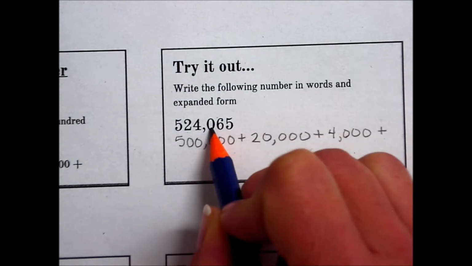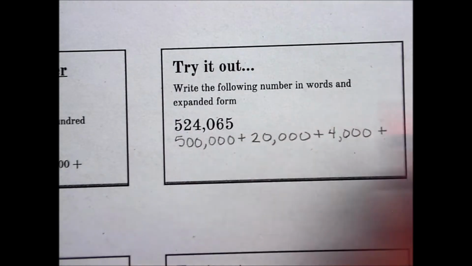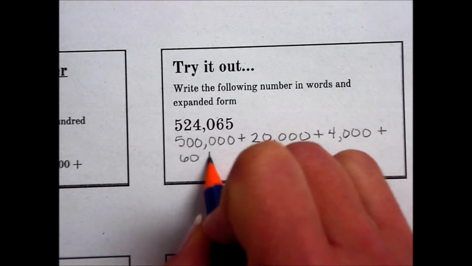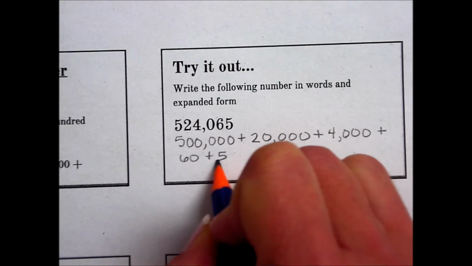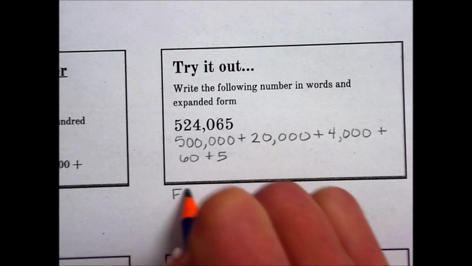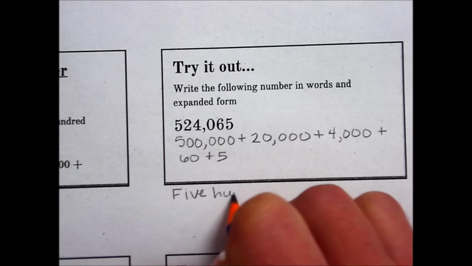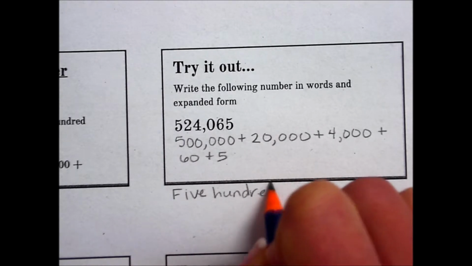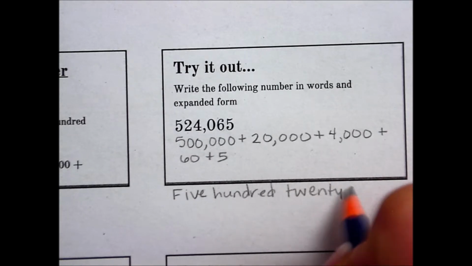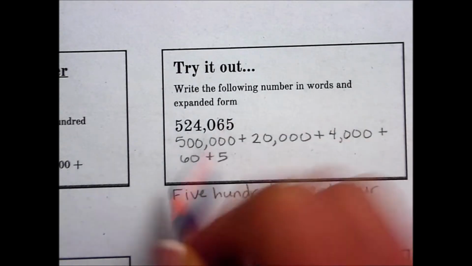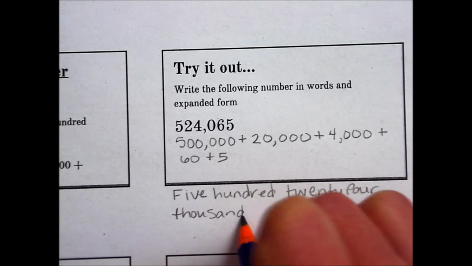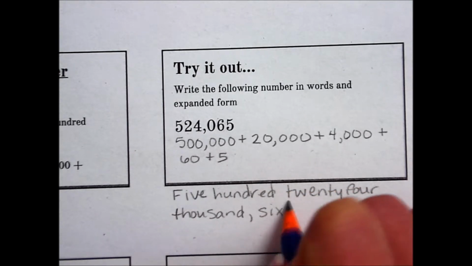Plus, I can skip this 0 and go to the 6. Everything else becomes a 0. Plus, and the last digit is a 5. In word form, I'll write 524,065.